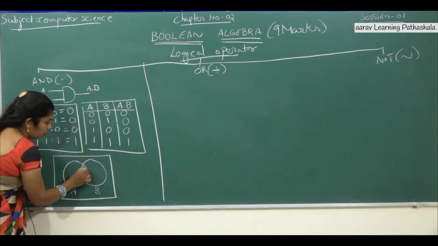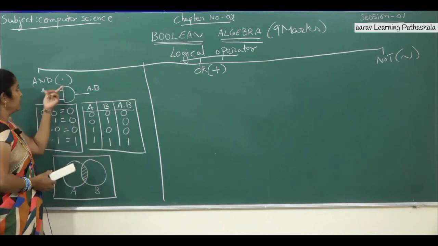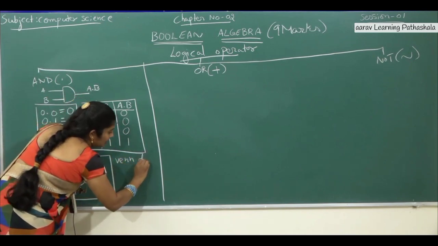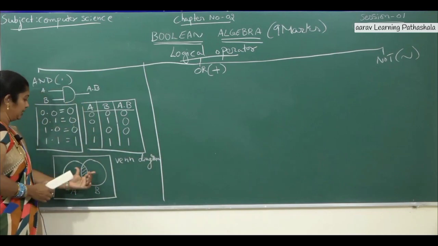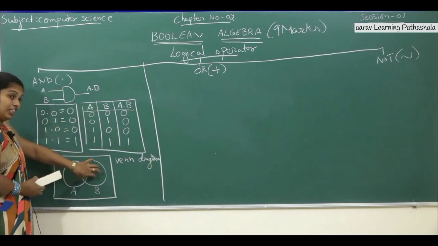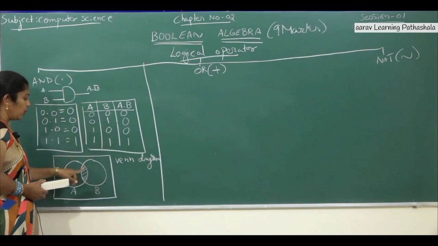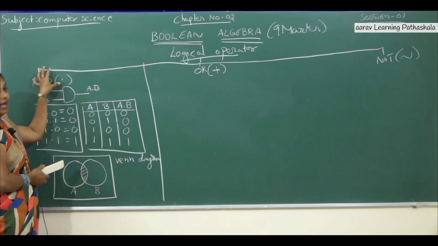Only the place where both parts are combined, only that part you have to shade. That is the Venn diagram for the AND operation. In a Venn diagram, minimum 2 inputs; if you want, you can consider more than 2 also. But where both are connected, that place you have to shade in AND.